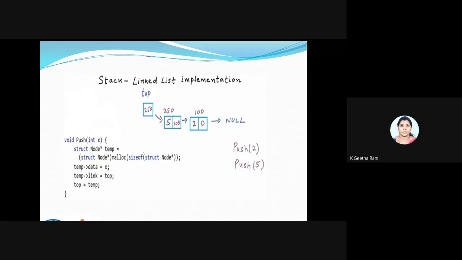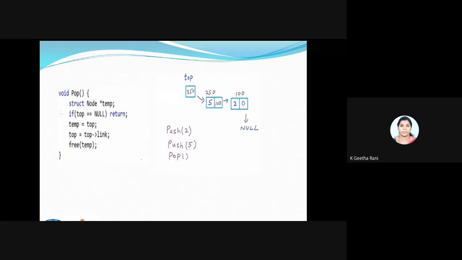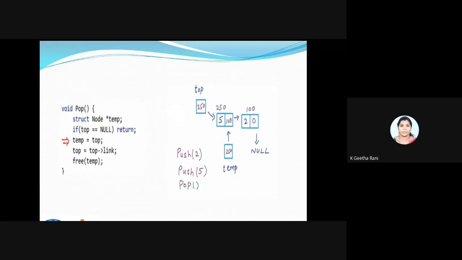Next is how to pop the value. Again, if I want to pop, I'll be popping the value only from the start of my stack, not at the end. So I'll be removing only this data now. This is the concept of pop.